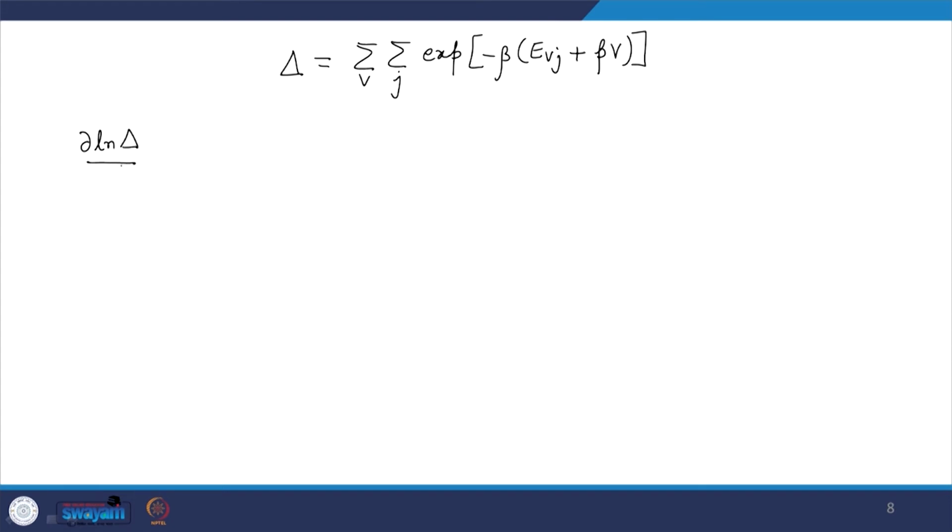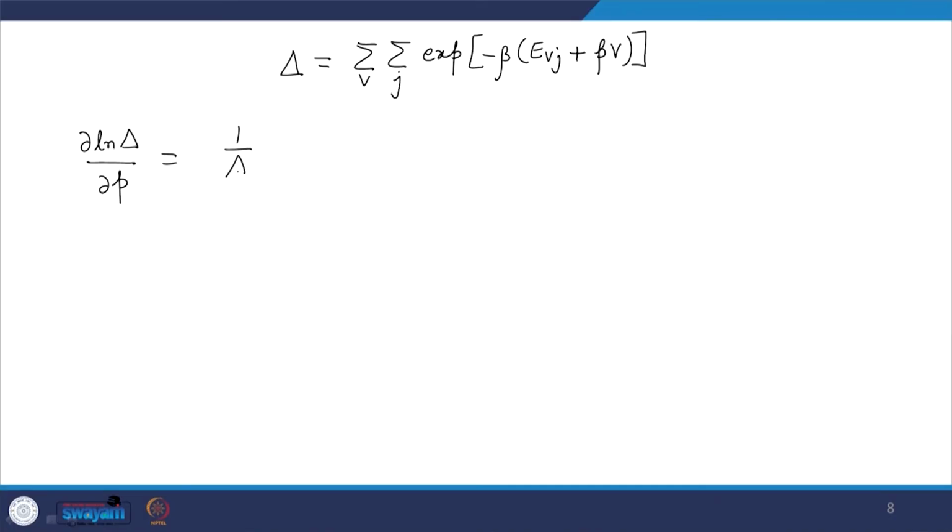So, let us say I start with delta. Then dou ln delta by dou p, we already have seen that it is equal to the minus of the volume, but let us say we do it again.